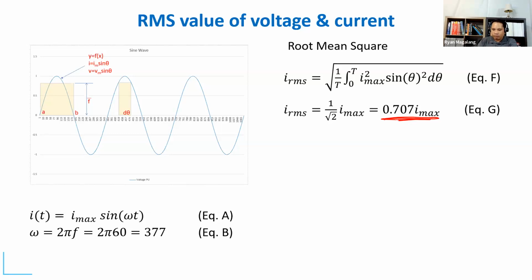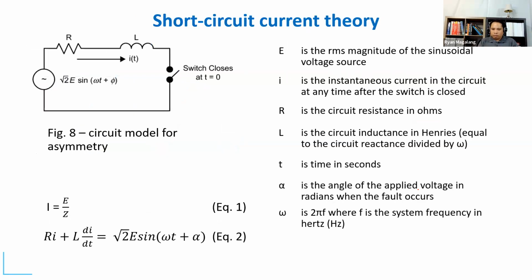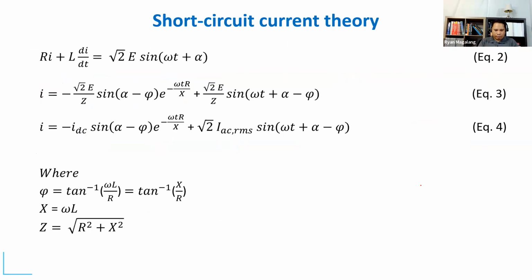So during the first cycle, you have your DC offset, and all of the contributions come from your utility and from your motors. And when we go here, we have this.